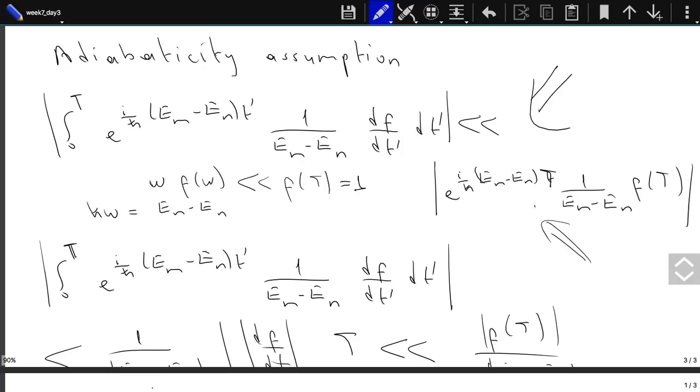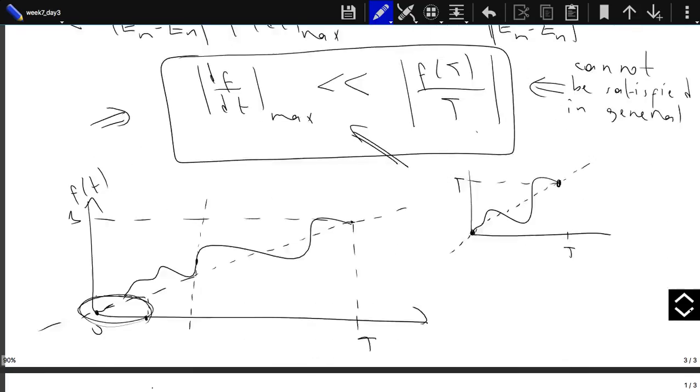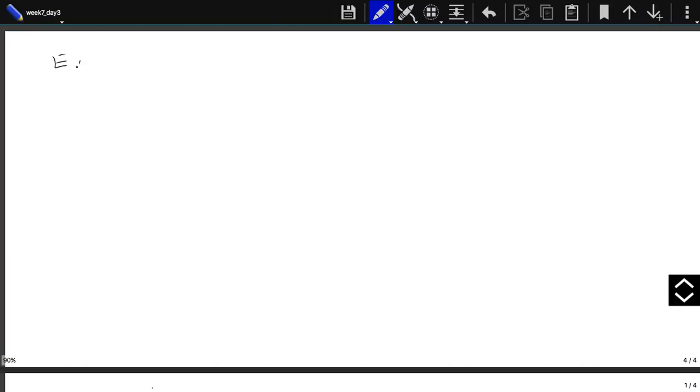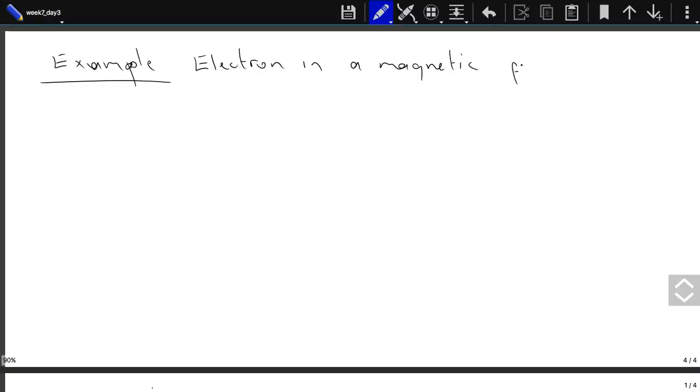Other questions, comments? Let's do an example. An electron in a magnetic field. Now we will just assume that this is the z-axis.